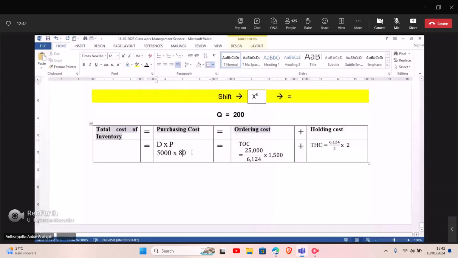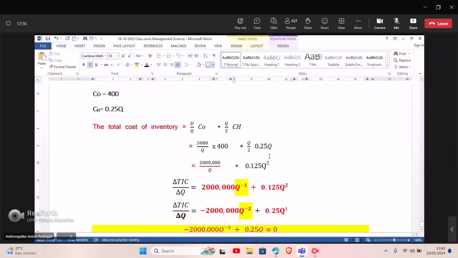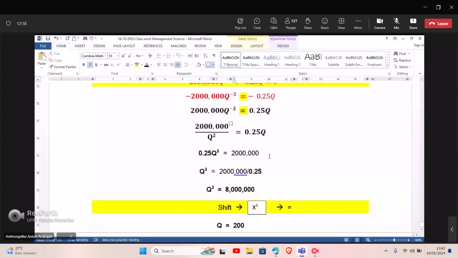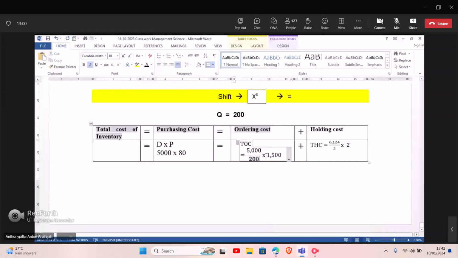Total ordering cost is 5,000 divided by 200, and the ordering cost Co is 400. This also is 200.